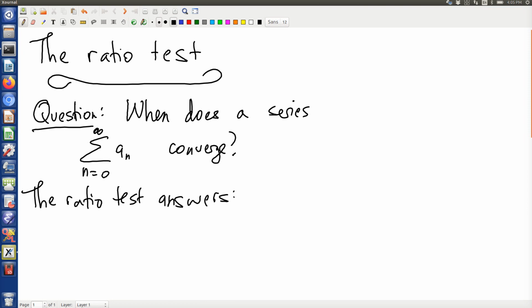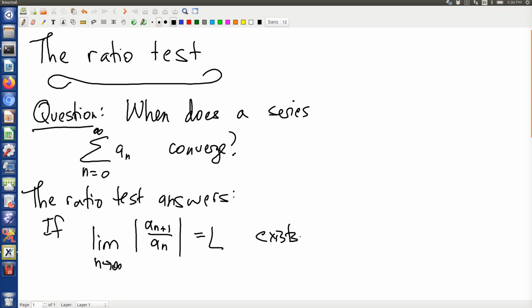It says if the limit as n goes to infinity of the ratio of consecutive terms exists and is equal to L, and L is less than 1, it converges.